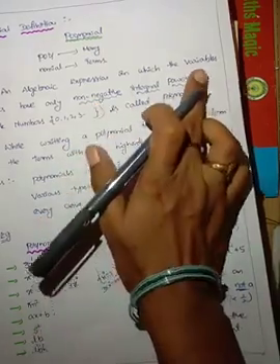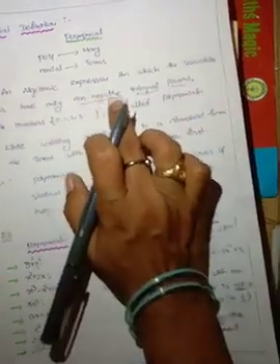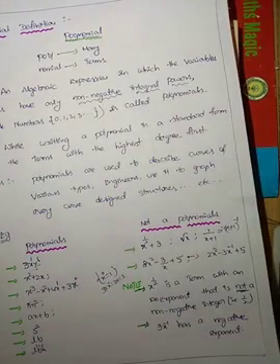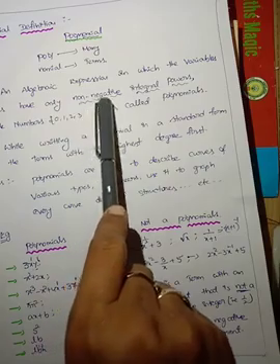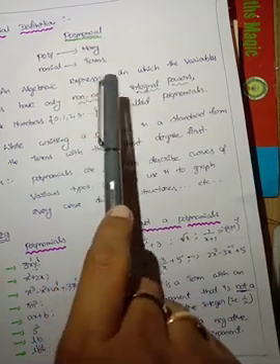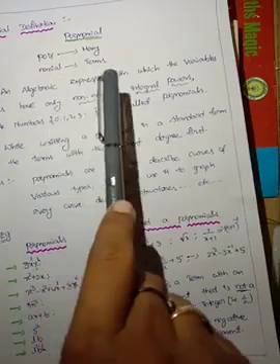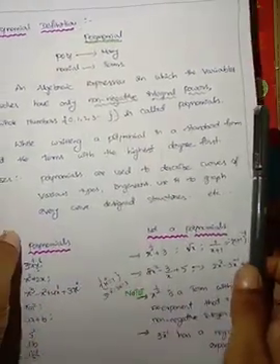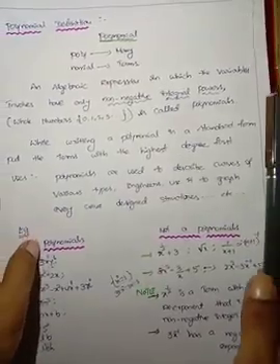Variables have only non-negative integral powers. Then only that algebraic expression becomes a polynomial. What is the definition of a polynomial?